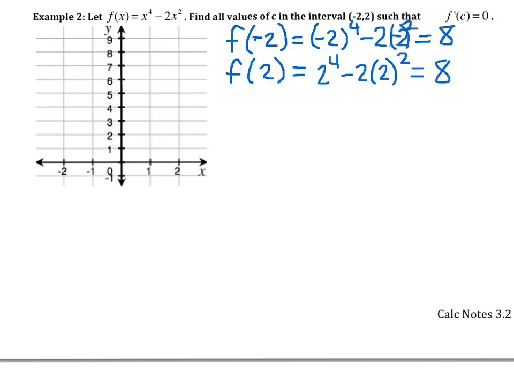Okay, what we found here is that f(-2) equals f(2), because they both equal 8.